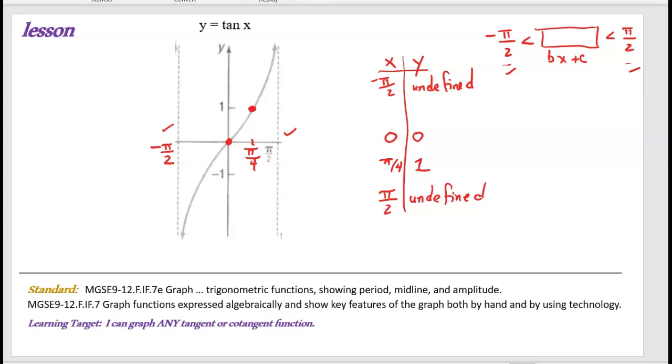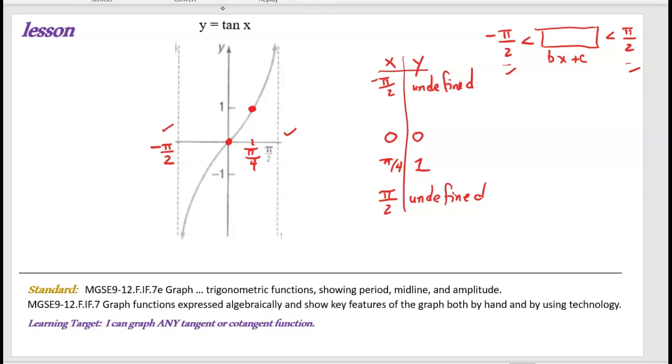A is understood to be 1. So if I put a 5 in front of tangent x, 5 times tangent x, then that would mean tangent of pi over 4 is 1, times the 5. So now that value, instead of being 1, would be up at 5. Now, once again, we're going to see all of this in actual examples, but I just want to get you ready.